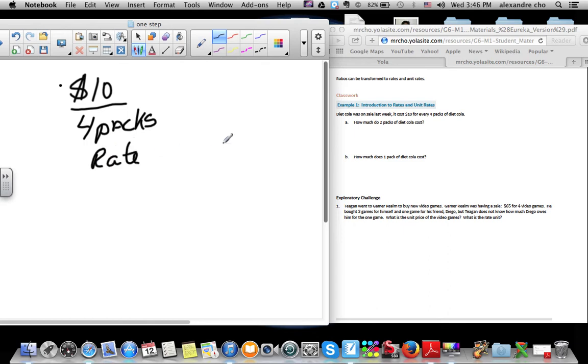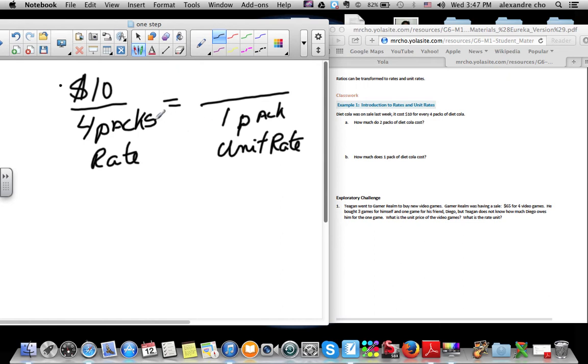A unit rate, which is also a rate, again just another fancy way of saying something. A unit rate is when you compare something to one item. So from 4 packs, we're going to go to 1 pack. This is a unit rate because we're comparing something, money in this case, to a single item, in this case 1 pack.